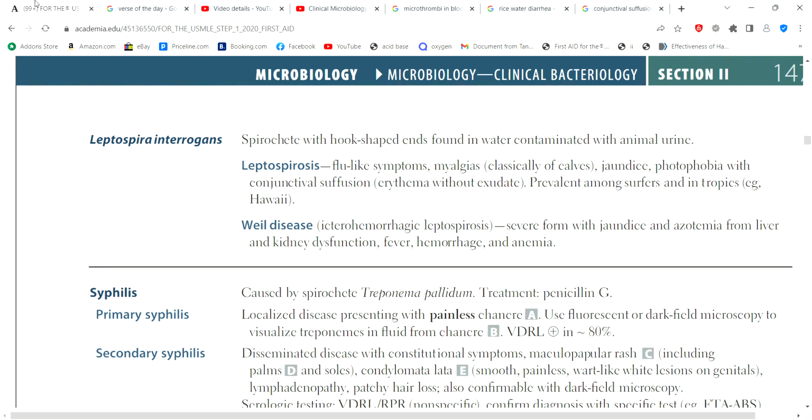Weil's disease, icterohemorrhagic leptospirosis, is a severe form with jaundice and azotemia from liver and kidney dysfunction, fever, hemorrhage, and anemia.